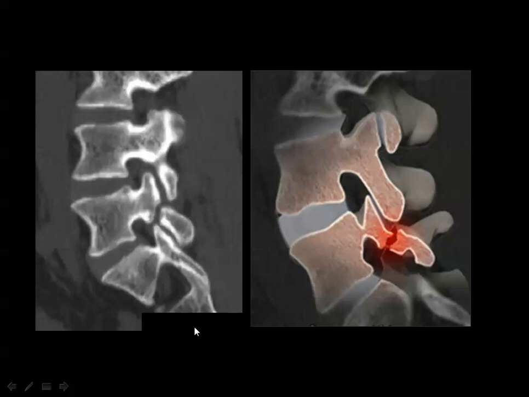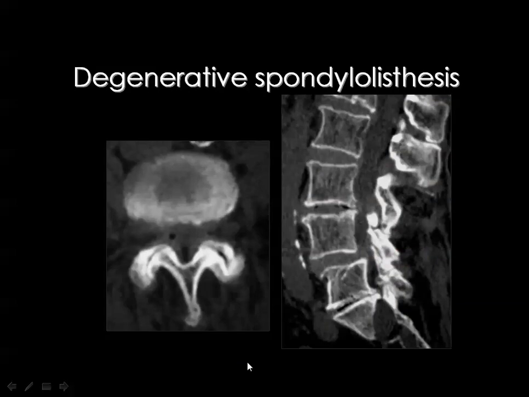Then in the reconstructed CT images, in the sagittal view, you go to the sections off the midline, looking for the region of the pars interarticularis, and here you can see the pars is broken, but here is intact, and also here you can see that the pars is broken, and here the pars is intact.